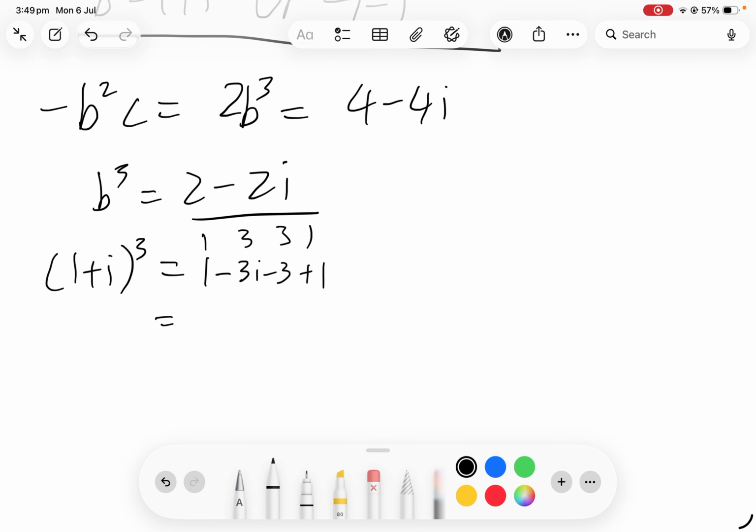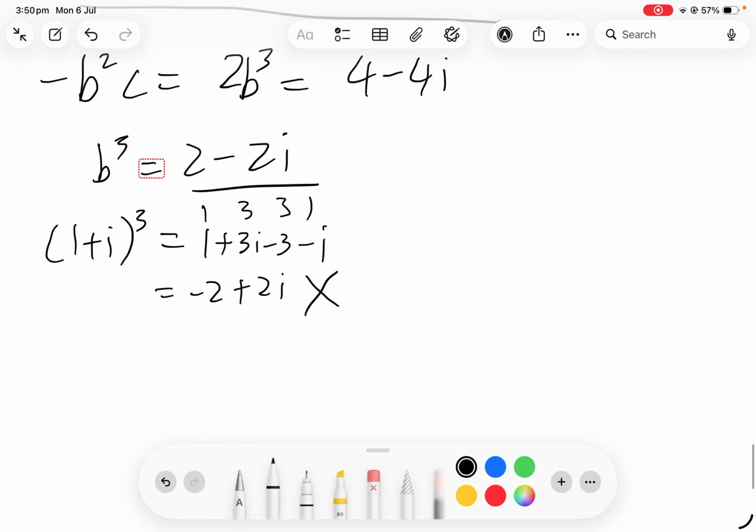This one should be i to the power of 3, which is negative i. That gives negative 2 plus 2i, which is not that. That is wrong. Oh my god.